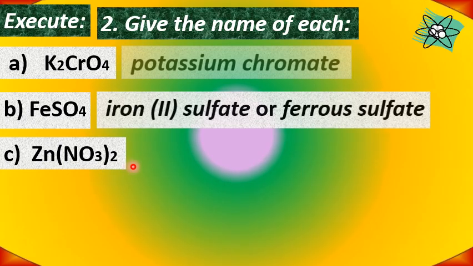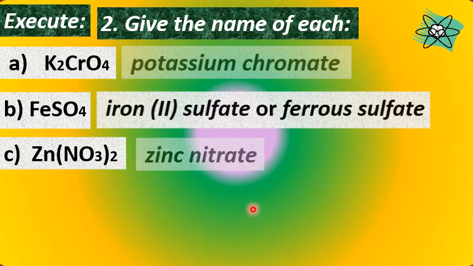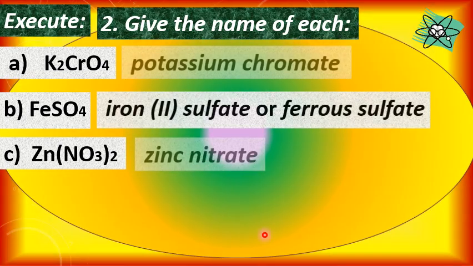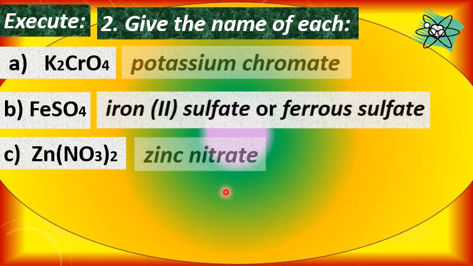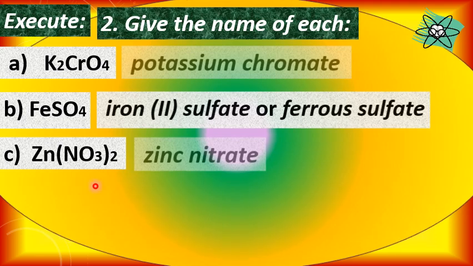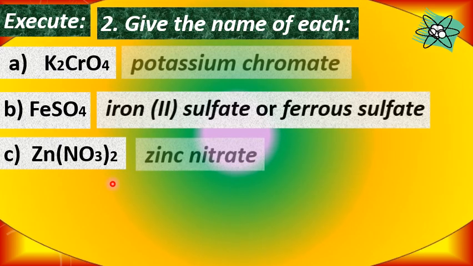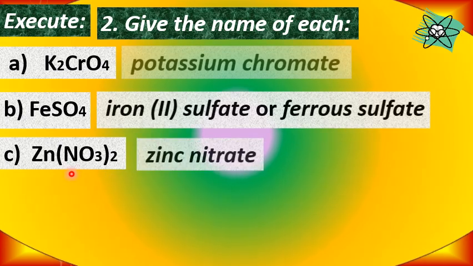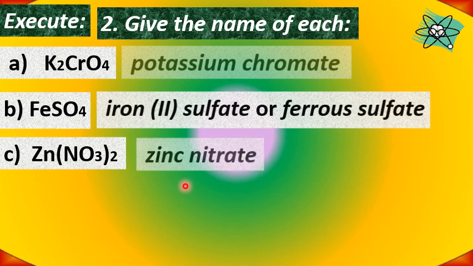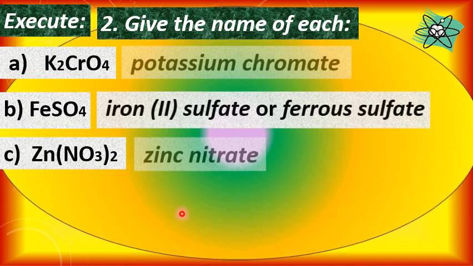So this is named zinc nitrate. NO3 is nitrate, not to be confused with nitrite, whose formula is NO2. Both nitrate and nitrite have the same ionic charge of negative 1.